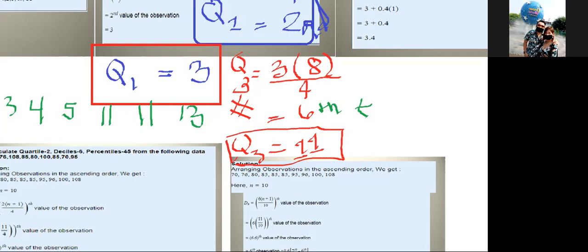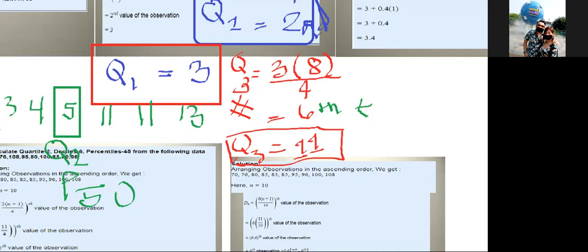As you can see here, it is an odd number of data, so we can easily identify the middle part, which is our median. And the median, as we know, is equal to the second quartile, or quartile number 2, also the 50th percentile.